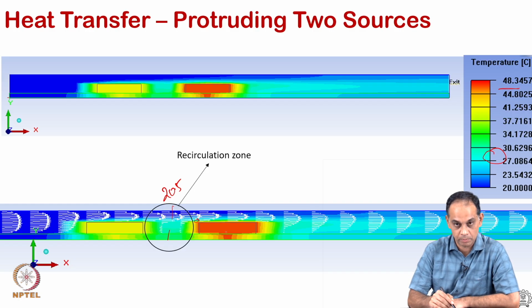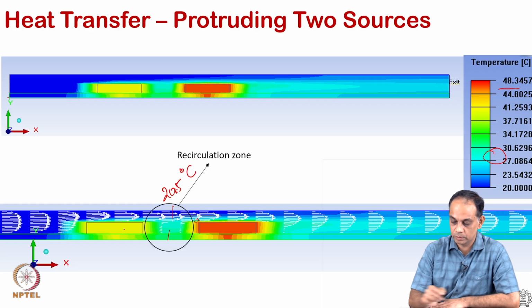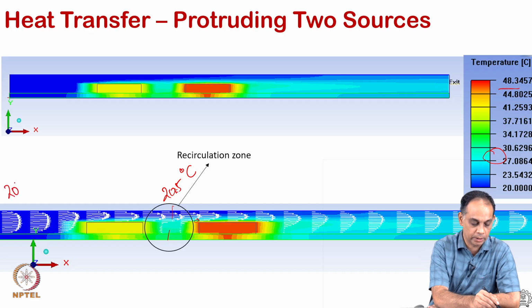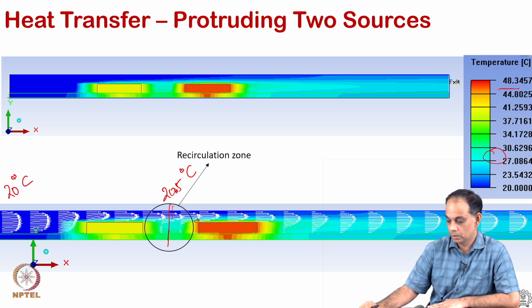So, the next heat source is much hotter in comparison to the first heat source, because this is in the yellow, in the 41, 42 degrees, and this is 48, while the inlet is at 20 degrees Celsius and after the heat source the mean temperature is 20.5 degrees.